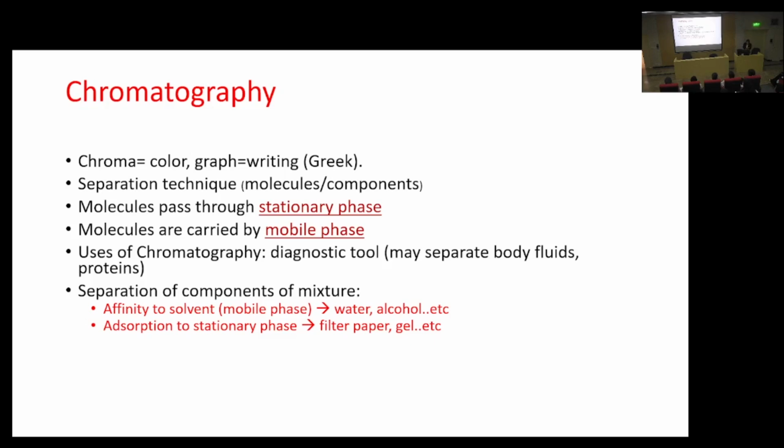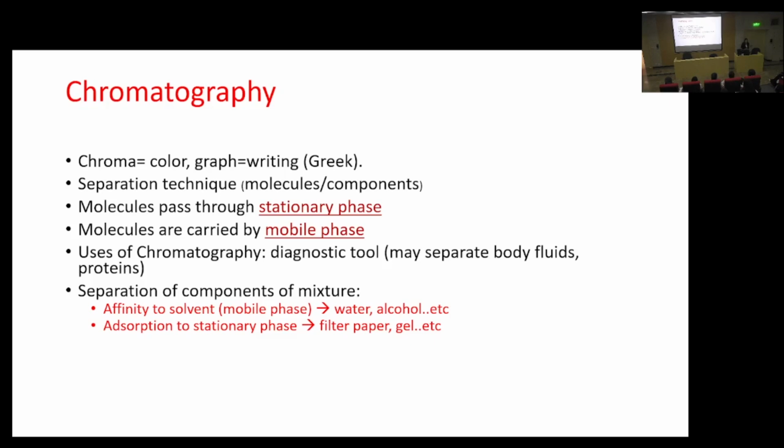You can think of it this way. Affinity to the solvent is how much the molecule likes the solvent. If there is great affinity, it likes it a lot and can easily be carried by it. So you can imagine that separation will be better. And vice versa. If the affinity is not that great, the separation will be affected negatively.